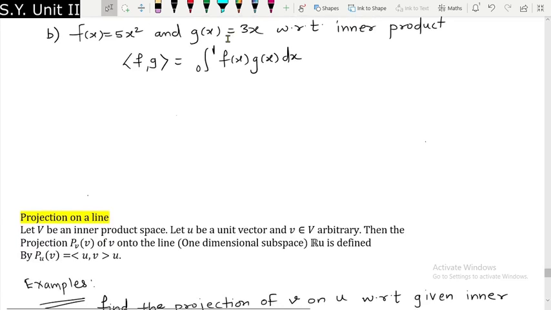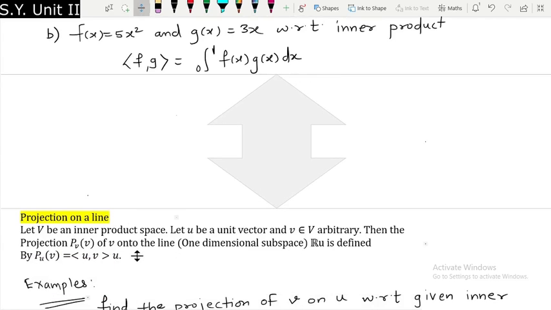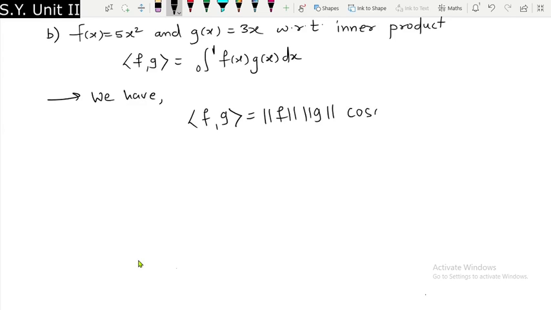Now this example is a little bit different, the second one. So let us do it. What is our formula? We have inner product of f with g equal to norm of f multiplied by norm of g multiplied by cos theta.